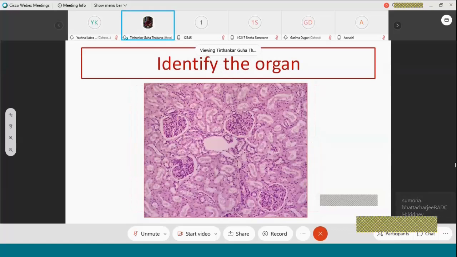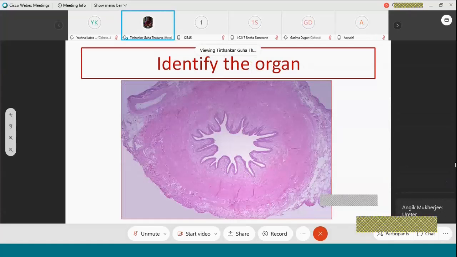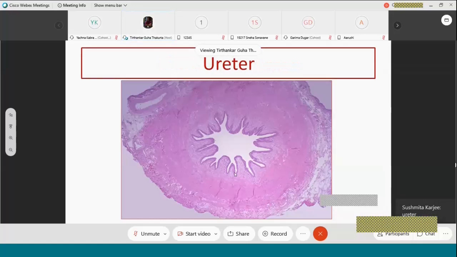So this is the tubule with a star-shaped lumen. The ureter. Very good.